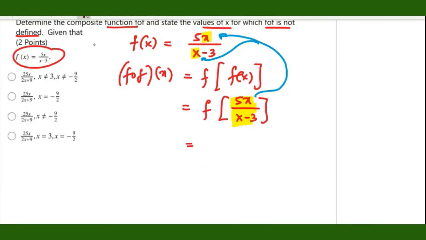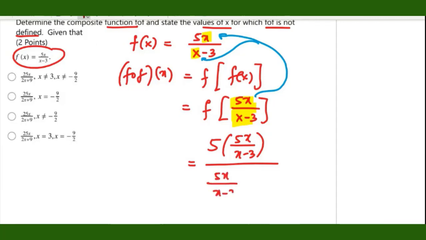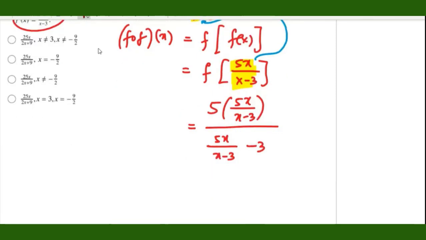We shall end up having 5 times 5x over x minus 3, over, now substituting x as 5x over x minus 3, minus 3. Later on we just need to simplify this function.